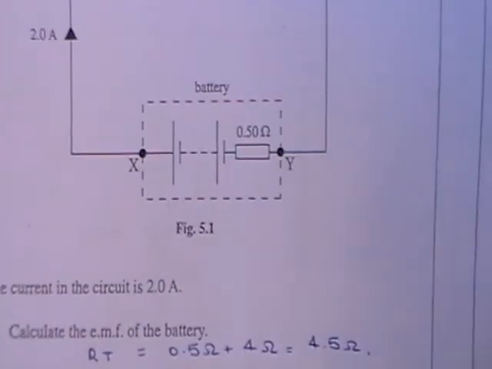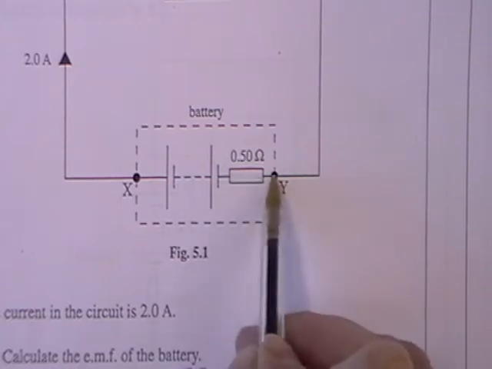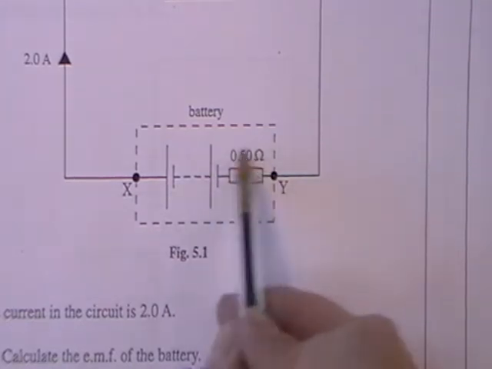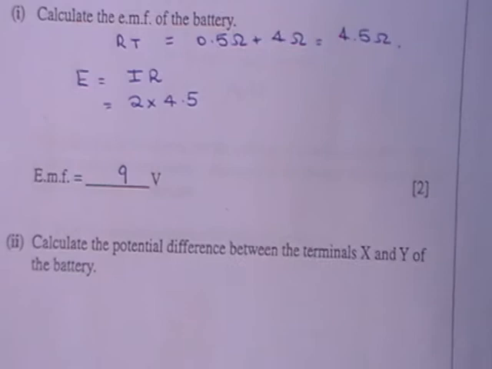Part 2, calculate the potential difference between the terminals X and Y of the battery. So you can see that you have the battery and the 0.5 ohm resistor in series with it, and it's the internal resistance. So we're looking for the potential difference across that, and again we're just going to use V is equal to IR.